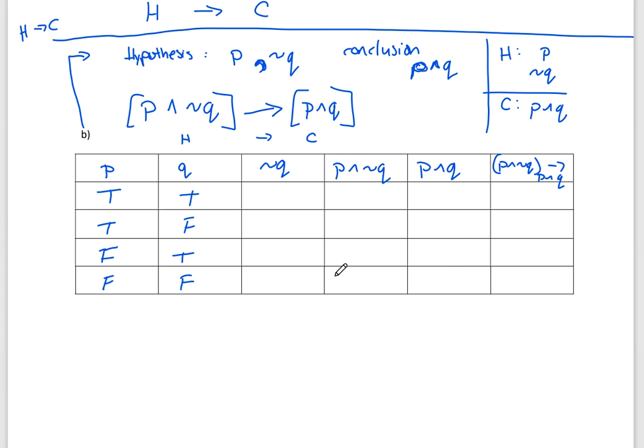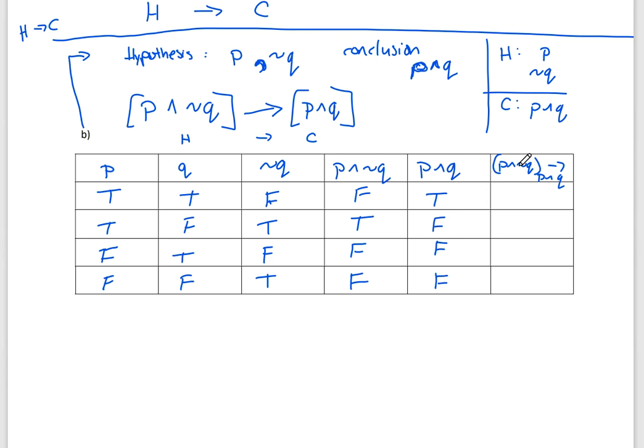Okay, filling in our columns here, negation of Q is just the opposite of what we had in our Q column. So false, true, false, true. P and not Q, using my first column and my third column, I'm going to have false, true, false, false. P and Q, I'm going to have true, false, false, false.